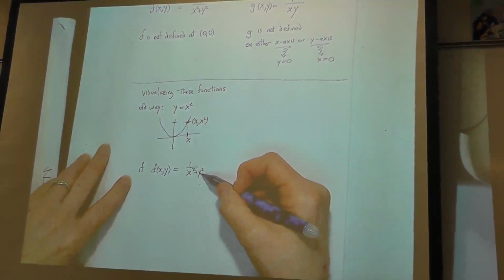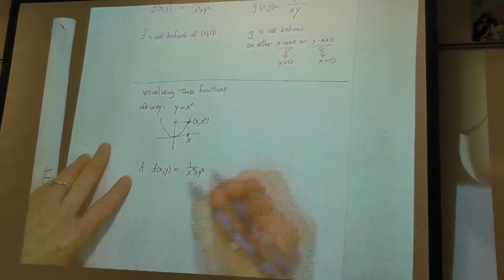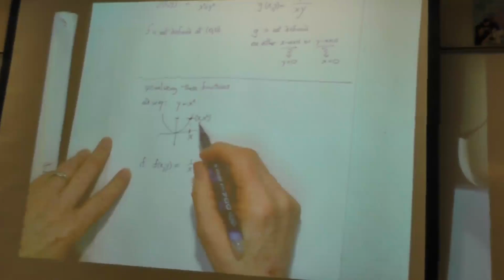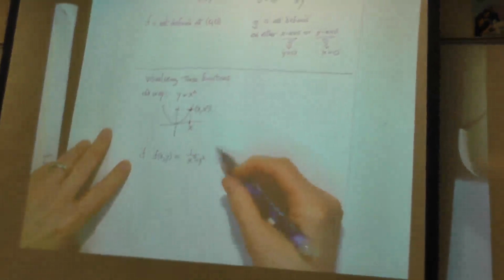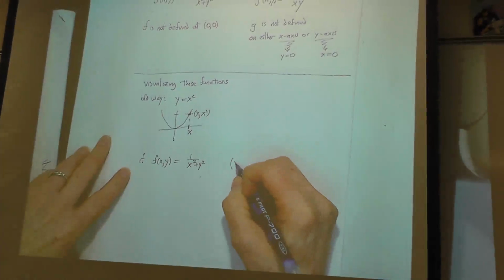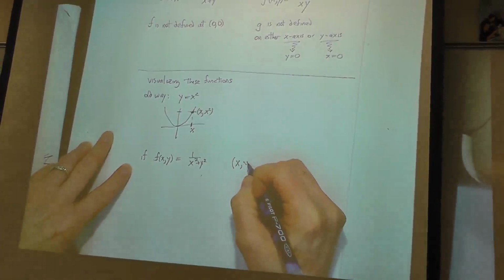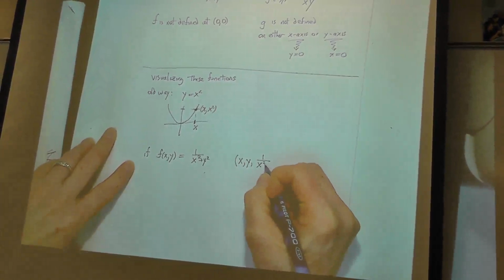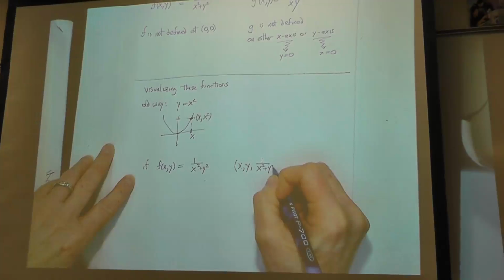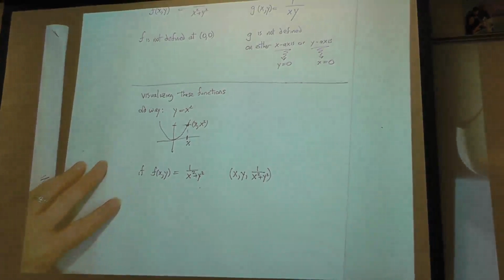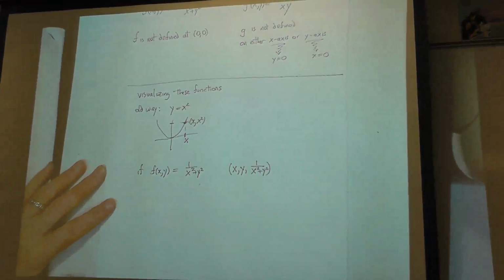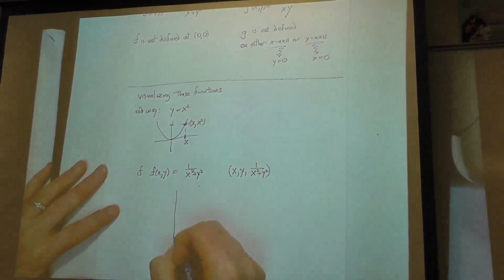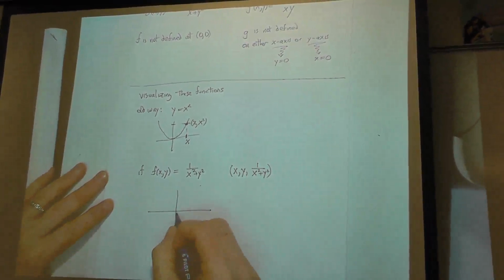You guys see? So I think of the counterpart to x squared, I'm going to be graphing points of this nature. In other words, 3 dimensions.